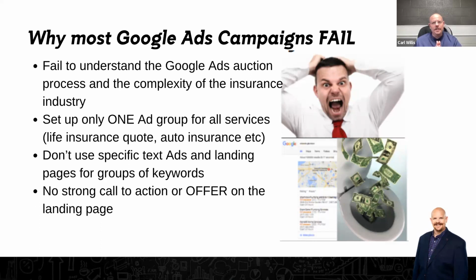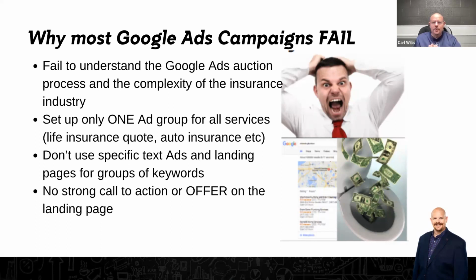Well, what happens is they fail to realize there's an auction process going on, that you are bidding against other advertisers who are bidding for that same audience. And there are ways that you can fine tune what you're doing to have a better advantage in that auction.